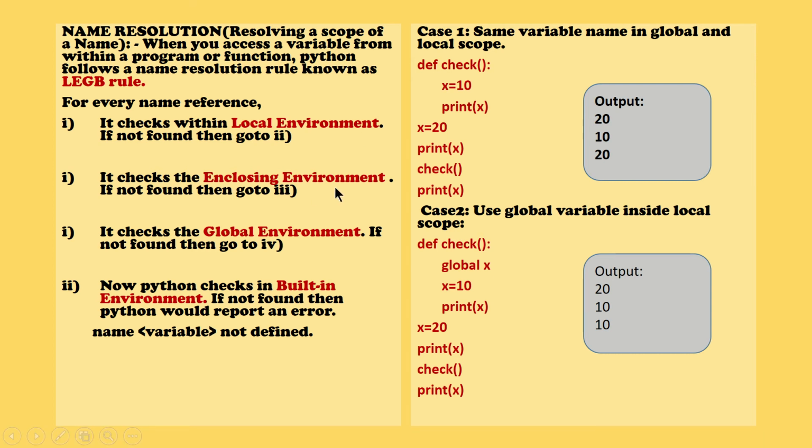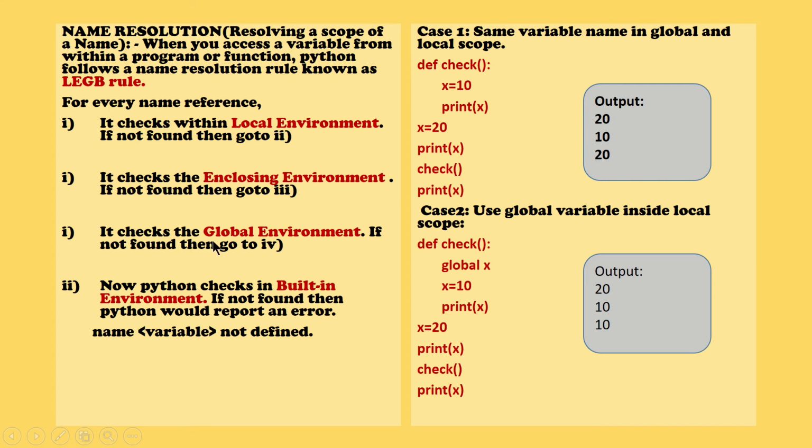If not available in the enclosing environment, then it will look for the global environment. Here, name is nothing but a variable you are trying to use in a program, and we are trying to understand how it will be resolved. If the name you are trying to access is not present in the local environment and enclosing environment, then it will look for the global environment.